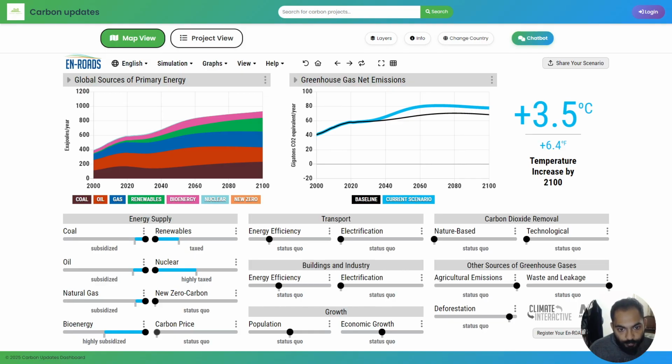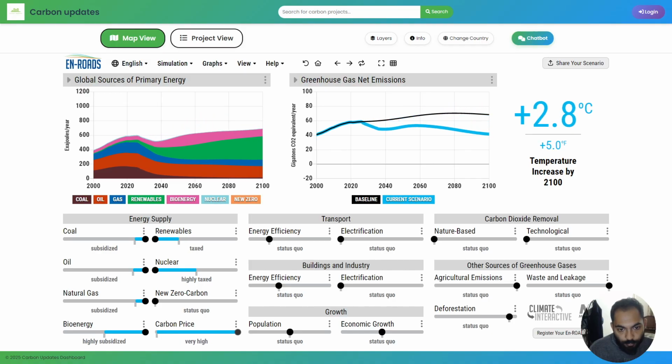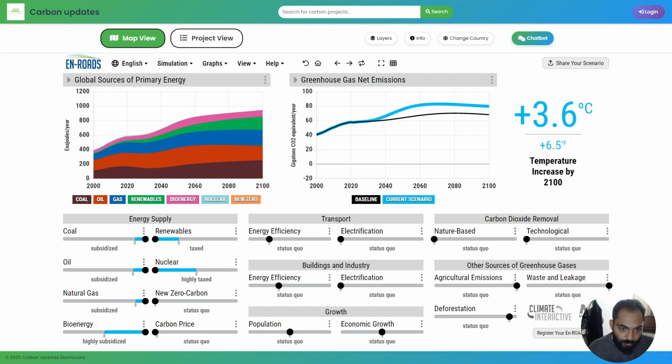Okay, carbon price. Oh wow. So basically, if you increase carbon price, it can offset a lot of this damage. But we don't want to do that. We want to go to the worst case possible.